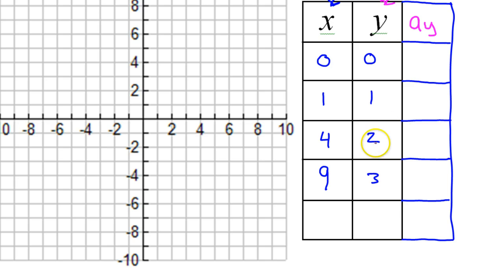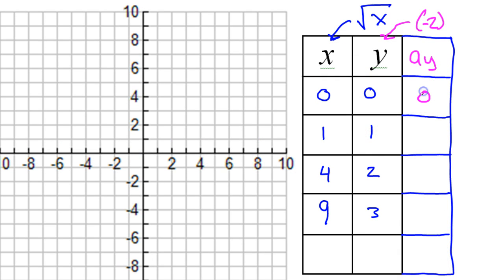So that's going to give us 0 and -2 and -4 and -6. Now once we have this new y column, the ay column, we can forget about the old column. So this one is out of the picture.